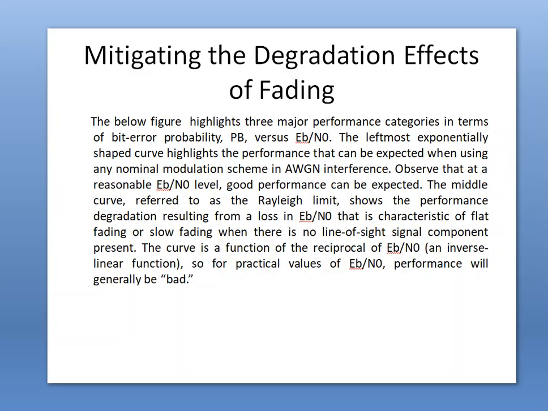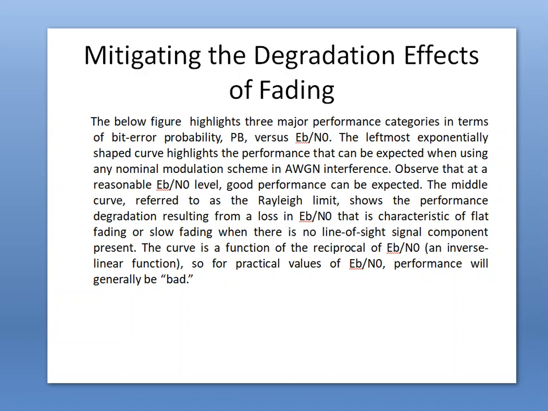The leftmost exponentially shaped curve highlights the performance that can be expected when using any nominal modulation scheme in an AWGN interface. Nominal modulation schemes depend upon either analog or digital. Observe that at any reasonable Eb/N0 level, good performance can be expected.